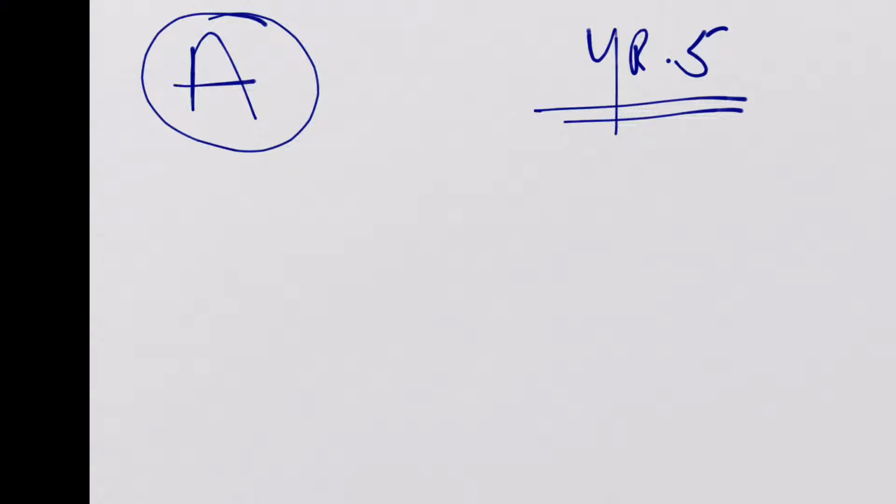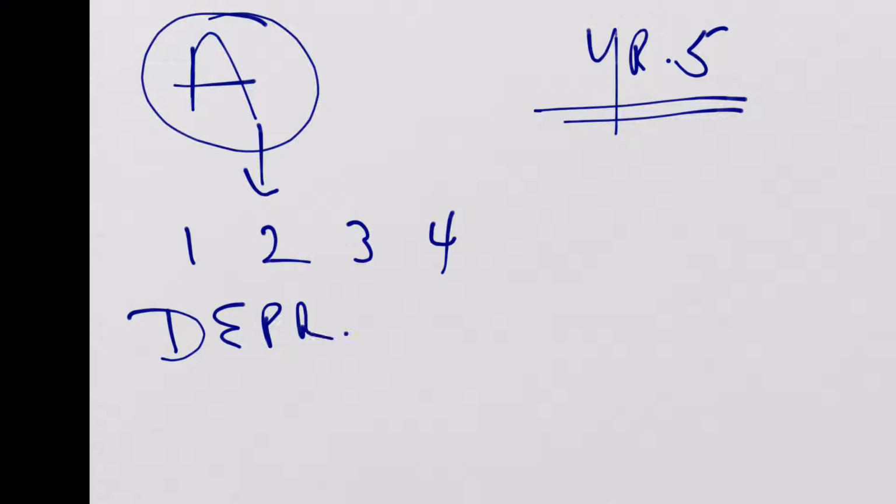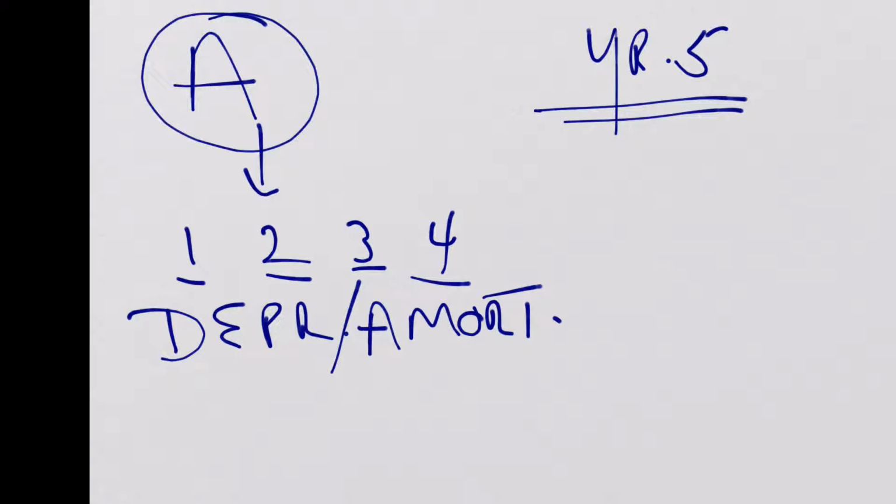The A entry in year 5 is going to be taking into account years 1, 2, 3, and 4 of any depreciation or amortization that occurred, because using the equity method, the parent adjusted the investment account based on each year's amortization and depreciation adjustments.